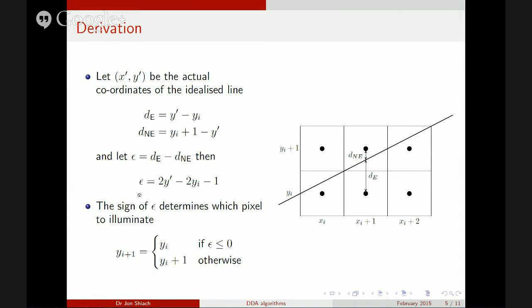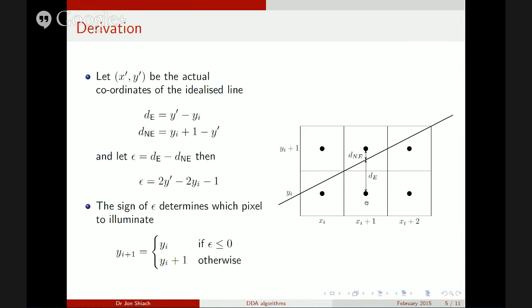What this means is when our error is negative, DE must be less than DNE. So we assume that our pixel to the east is chosen.